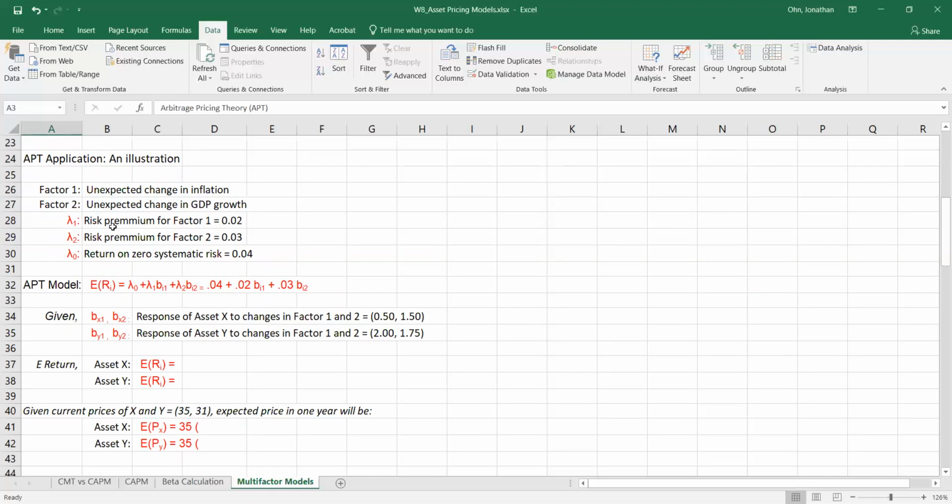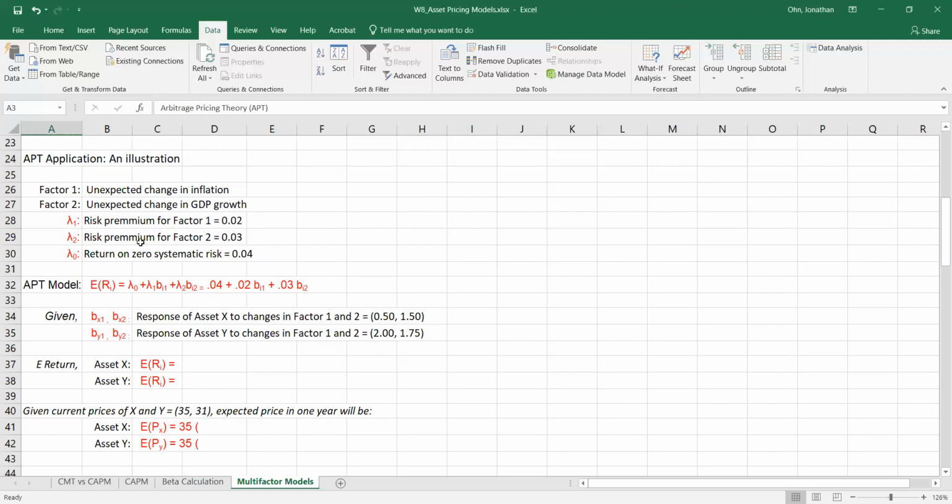Now, the risk premium for factor one is 0.02. That means a 2% risk premium for a 1% unexpected change in inflation.